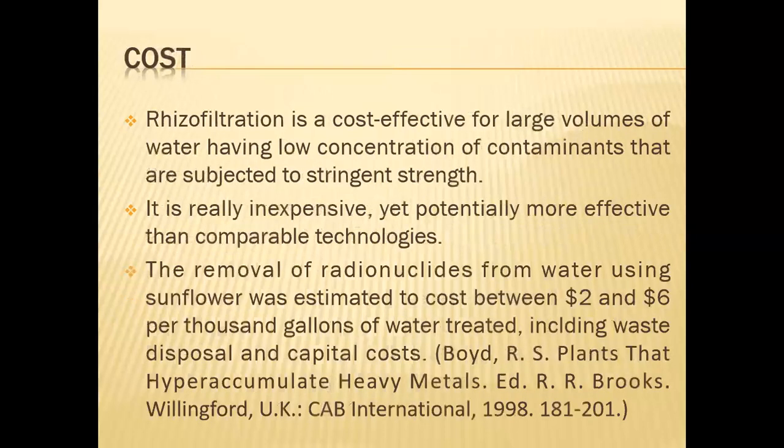Moving to the next slide, cost. In this slide, we discuss if we construct a rhizofiltration unit, how much it costs, meaning whether it is cost effective or not. Rhizofiltration is cost effective for large volumes of water having low concentration of contaminants that are subjected to stringent standards.